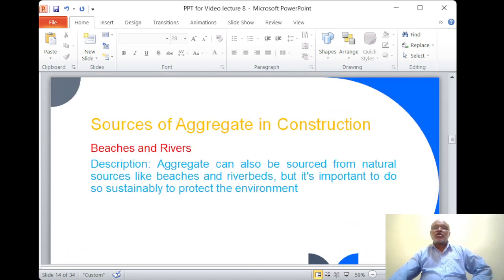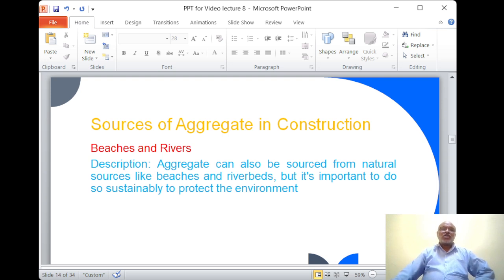And the next one is beach and rivers. In some cases, aggregates can also be sourced from natural sources like beach and river. However, it is important to ensure that this is done sustainably to protect the environment.